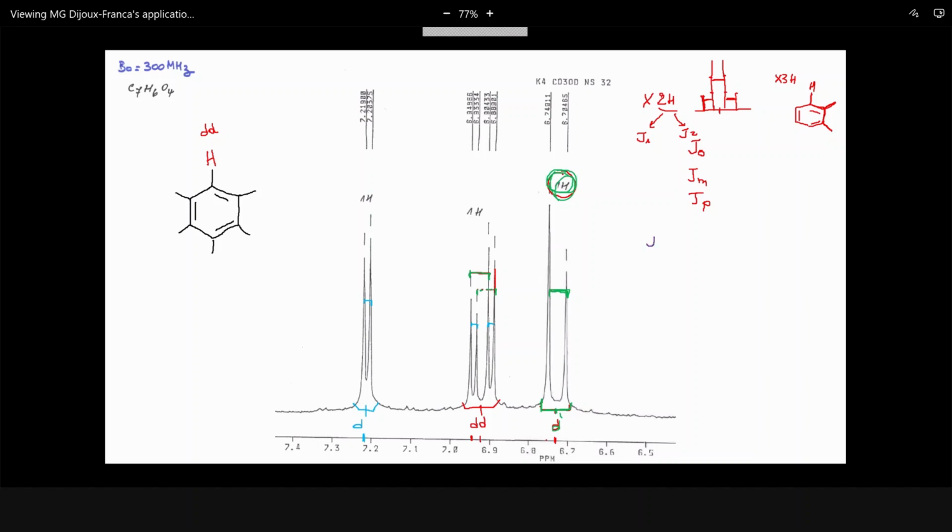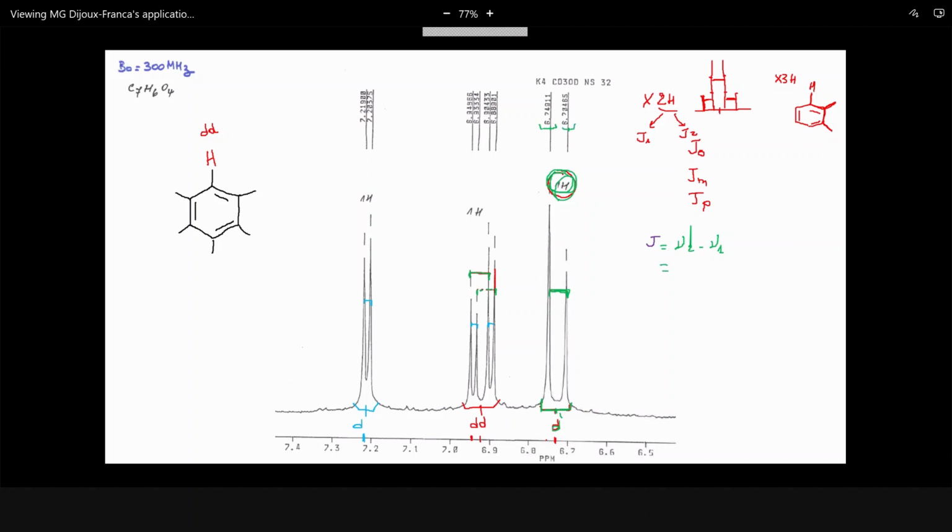Remember, we said that the coupling constant is equal to the difference between the frequencies of resonance. But here we don't have the value of the frequency, but we still have the chemical shift.